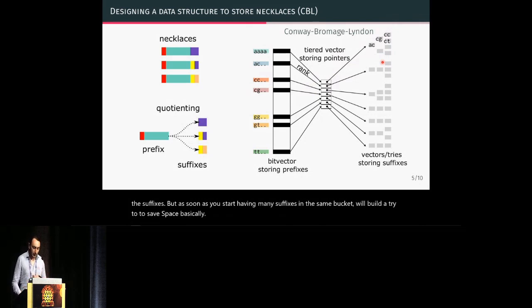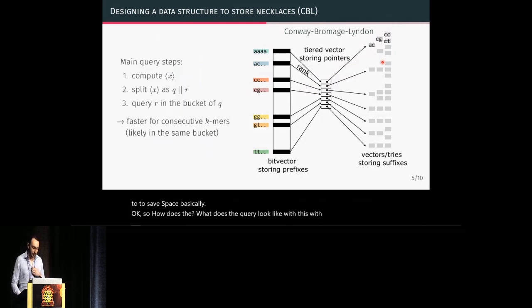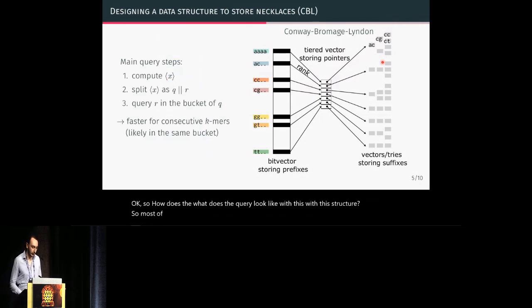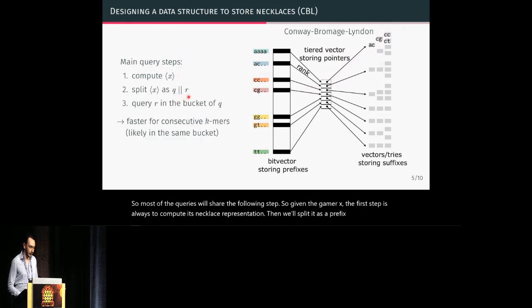Okay, so what does a query look like with this structure? Most of the queries will share the following steps. Given a k-mer X, the first step is always to compute its necklace representation. Then we split it into a prefix Q and a suffix R. We look for Q in the bit vector, find the associated bucket with the tiered vector, and then query the suffix R in the given bucket.